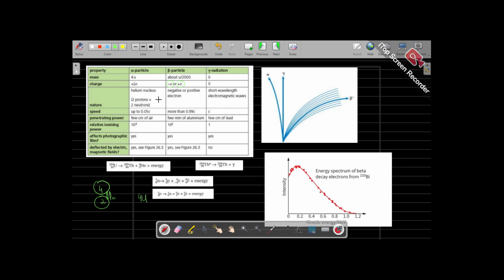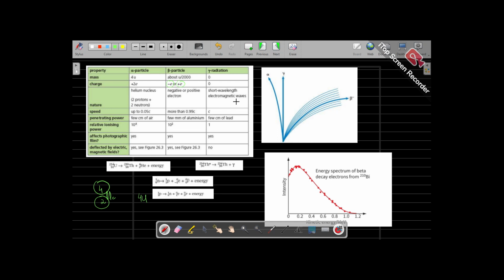Then alpha particles are called helium nucleus because we are excluding the orbiting electrons. When it comes to beta particle, they are called fast moving electrons, which originate from within the nucleus. And then gamma radiations are nothing but high energy or high frequency radiations, which we also call short wavelength electromagnetic waves.